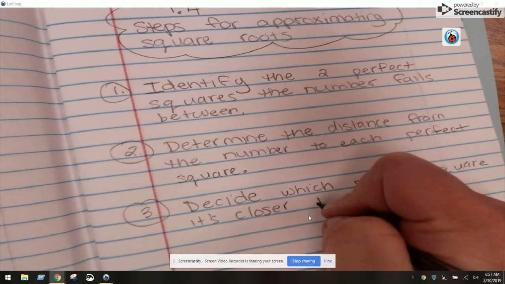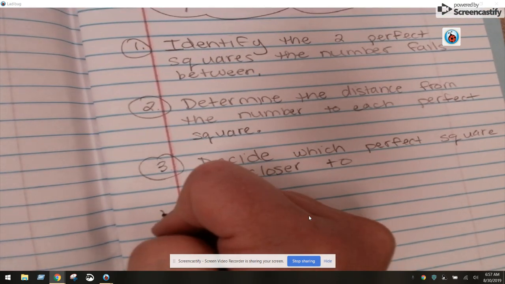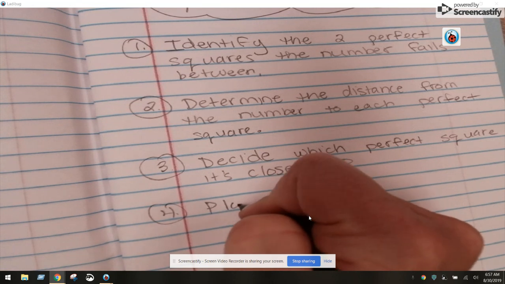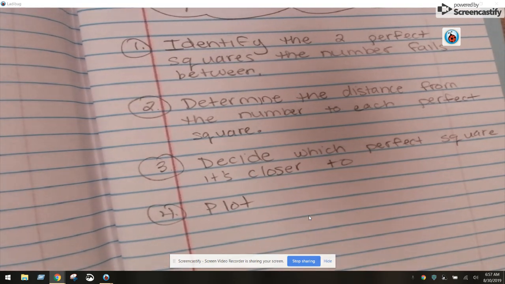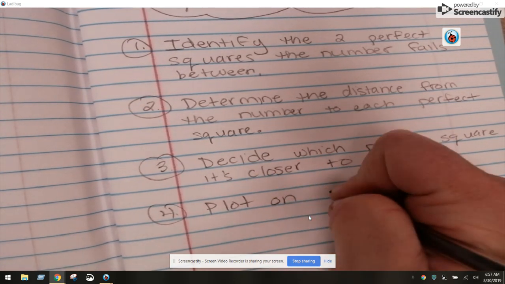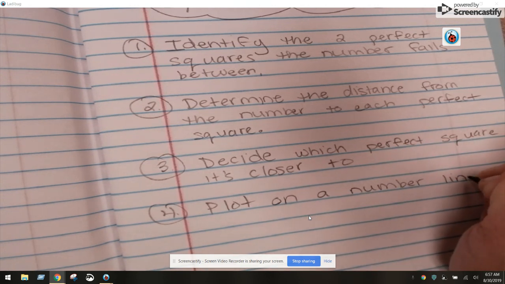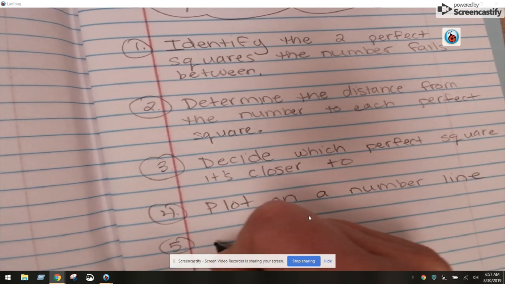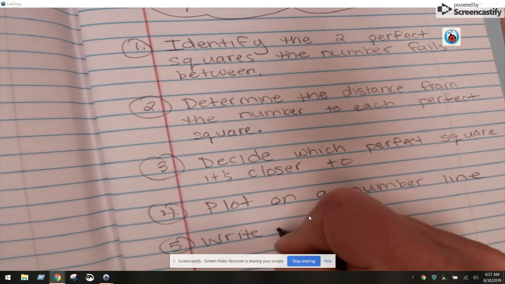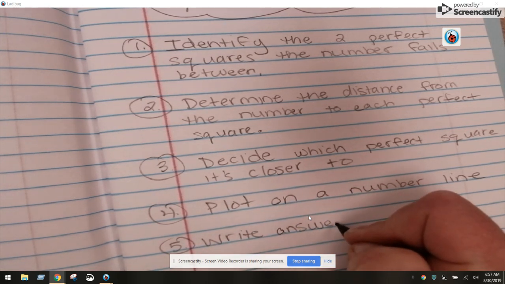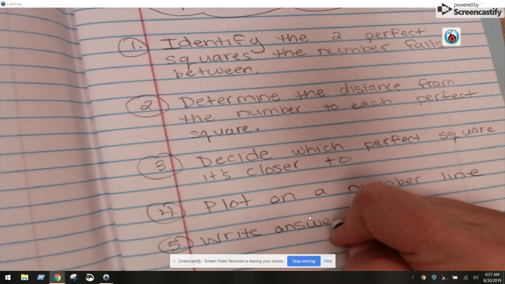And then finally, we plot it on the number line. And then, of course, we have to write our answer as in actual words. So step 5 would just be to write answer. Oh my gosh, I can't spell apparently.